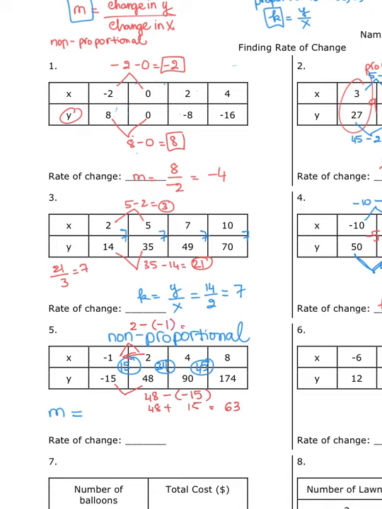This is hard, so pay attention. If you do the right, subtract to the left, the top you need to do the same. So 2 plus 1, after you do KAO, you got 3. So change in Y is 63, change in X is 3. So 63 over 3 is 21. So your rate of change is 21.